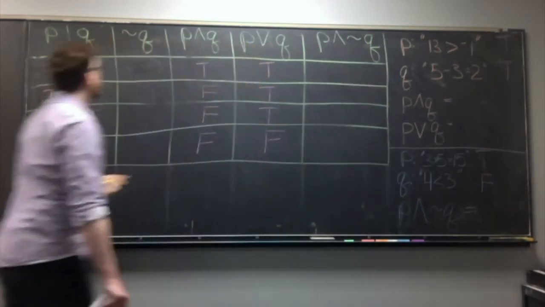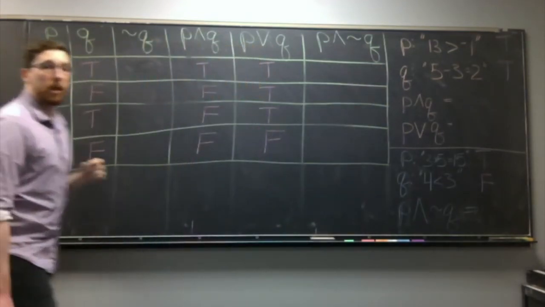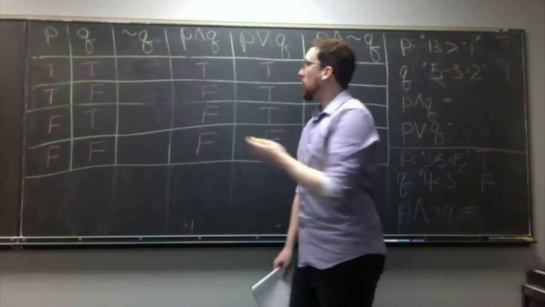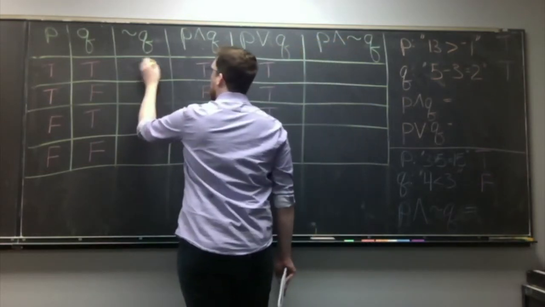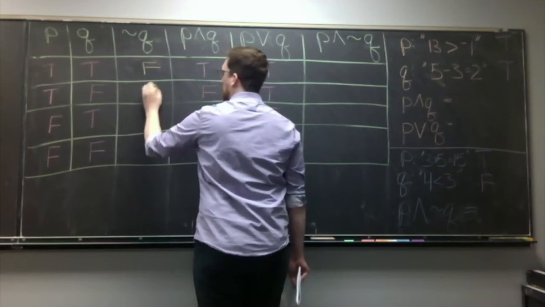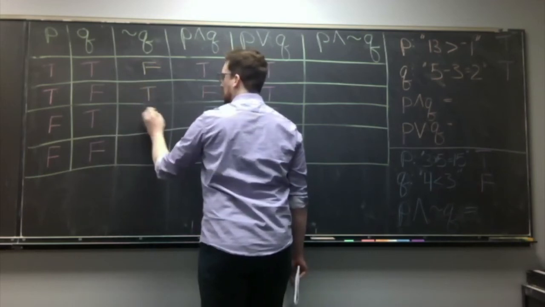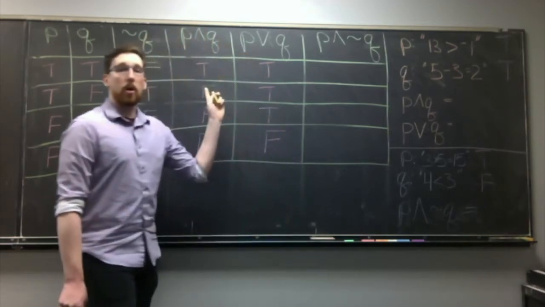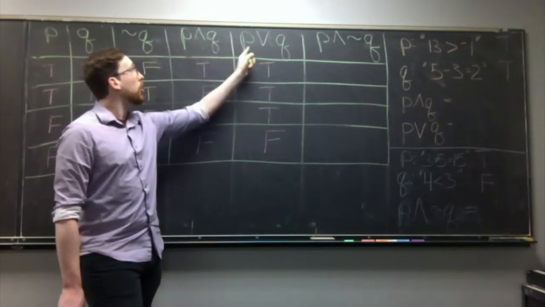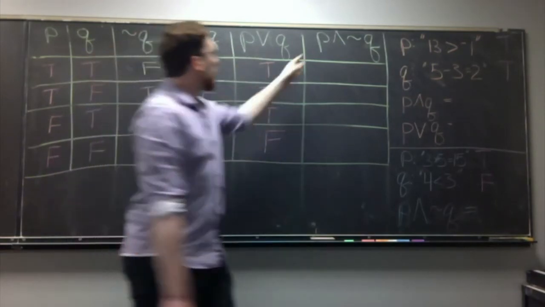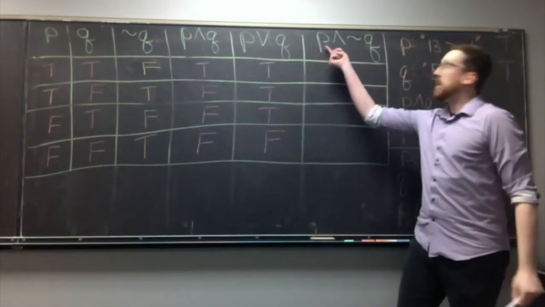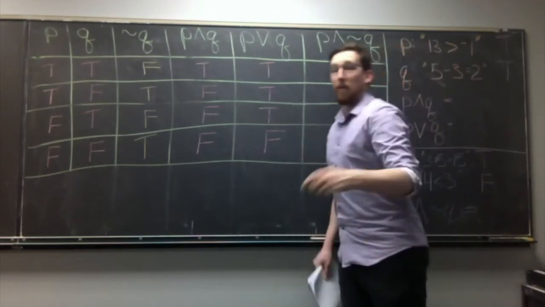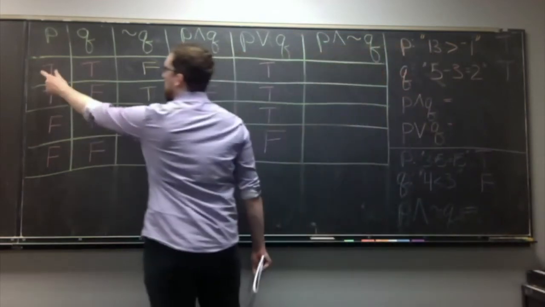So let's start off with, we know what the truth value is for Q. So we know what the truth values are then for not Q. For not Q, we're going to have false, true, false, true. Well, we already know what the truth values are for P and Q, P or Q. So let's go ahead and find out what the truth values are for P and not Q. For P and not Q, we have true, false.